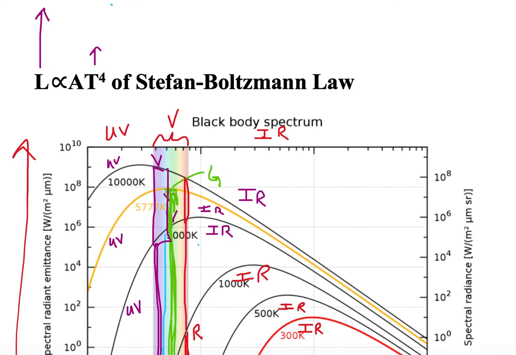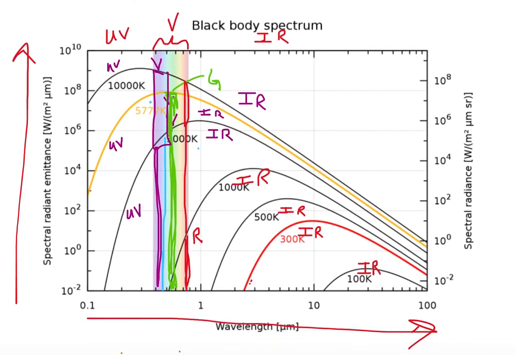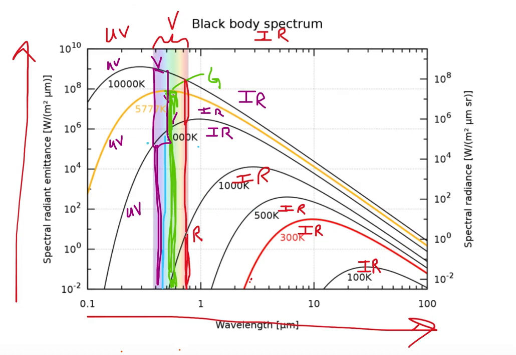The other property of the Stefan-Boltzmann law is that we're going to look at the colors. We notice that as the temperatures go up from 1,000 to 10,000, the stars appear more blue or more violet. At 1,000 Kelvin, we don't have any blue colors being emitted from the surface of the star. But at 5,000 Kelvin, we have some blue light being emitted from the star.